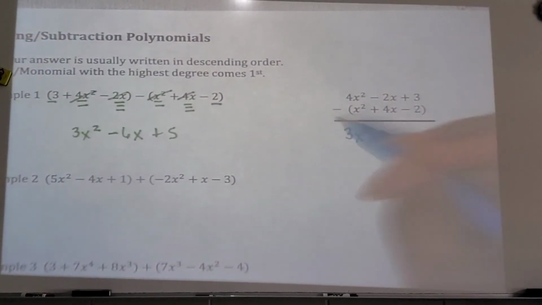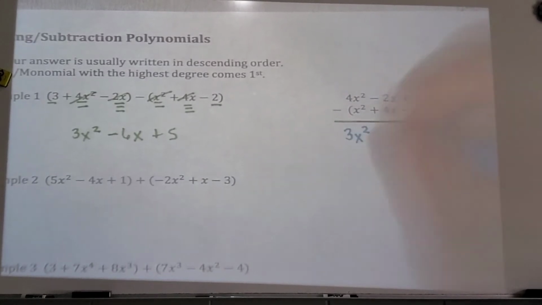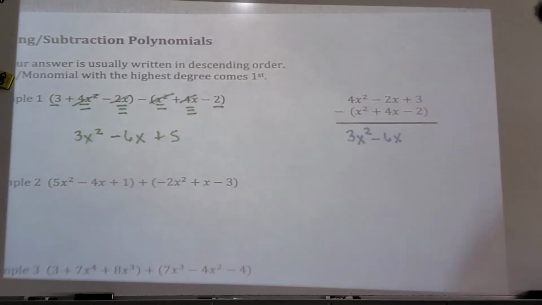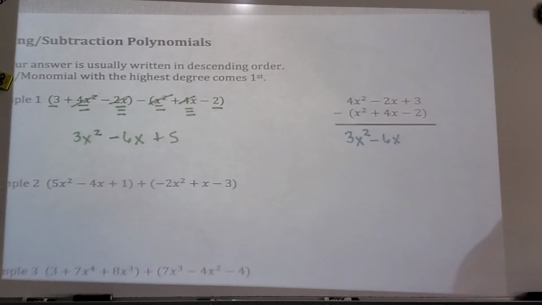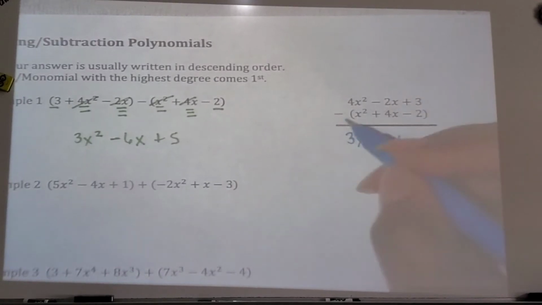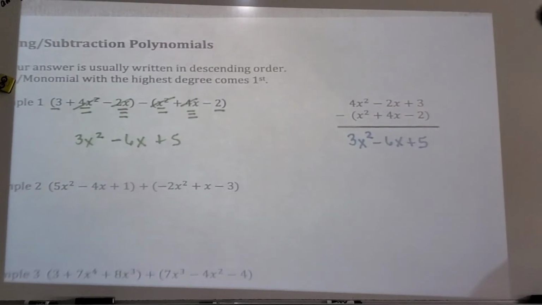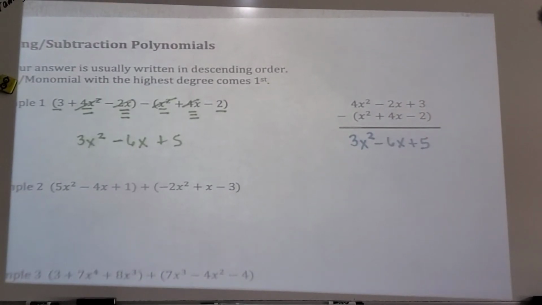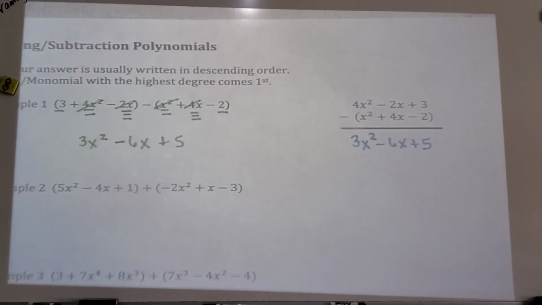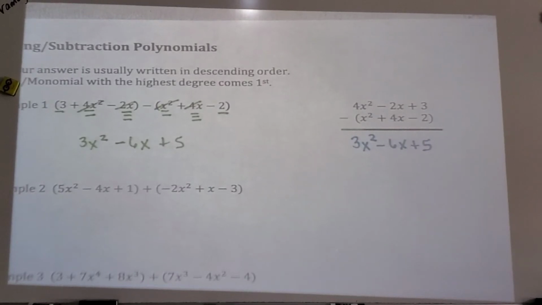Negative 2x minus 4x gives me a negative 6x. Finally, 3 minus a negative 2 gives me a positive 5. You may solve this problem horizontally or vertically. Choose the method that works best for you.